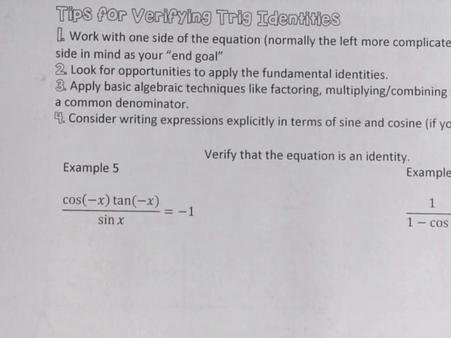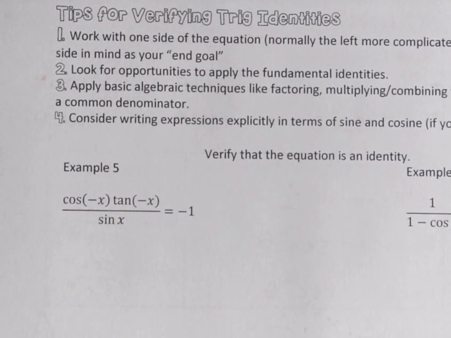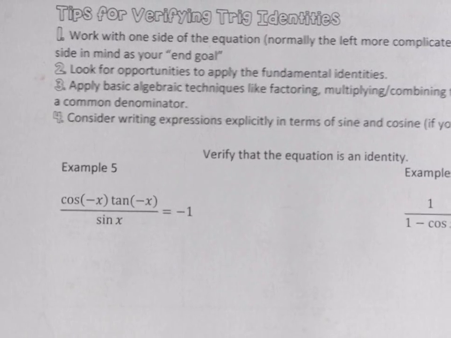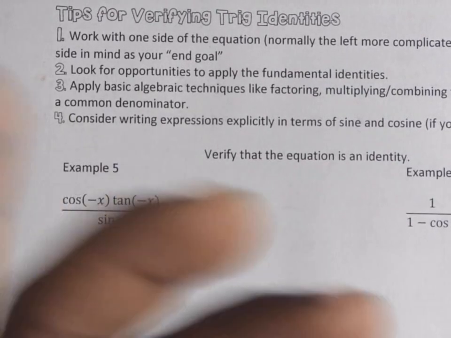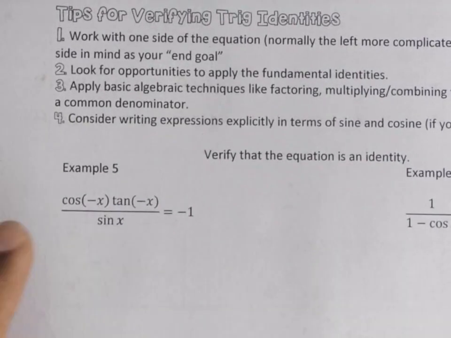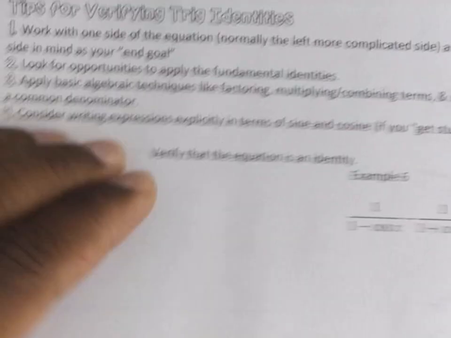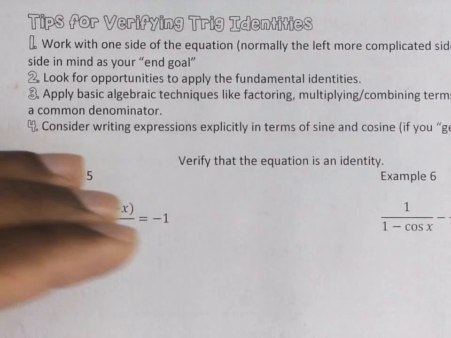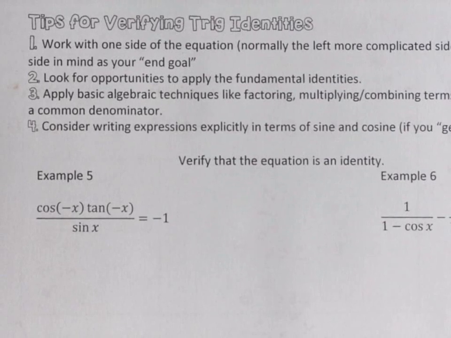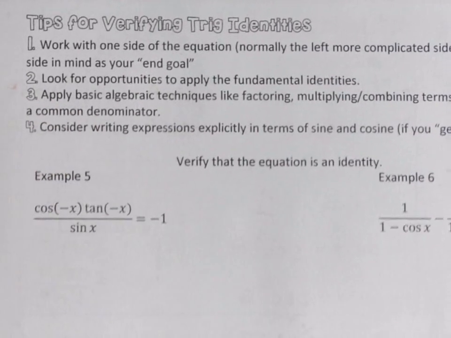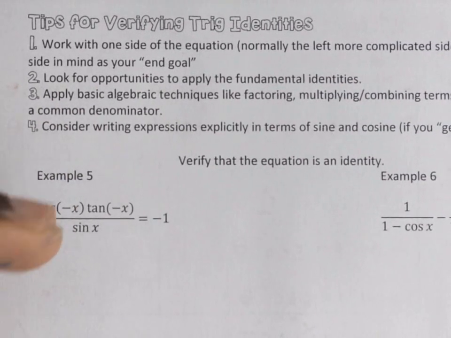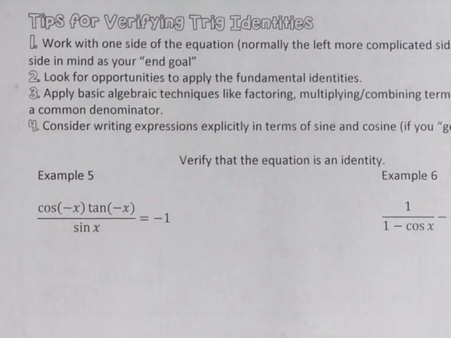Step 3, sometimes you'll do algebra where you factor out something or you multiply the denominators by something. You might do some algebra to get it simplified. And then step 4, which is probably the one that you'll get to, if you get stuck, try to write it in terms of sine and cosine and then see where that takes you. A lot of times that just helps out for whatever reason.